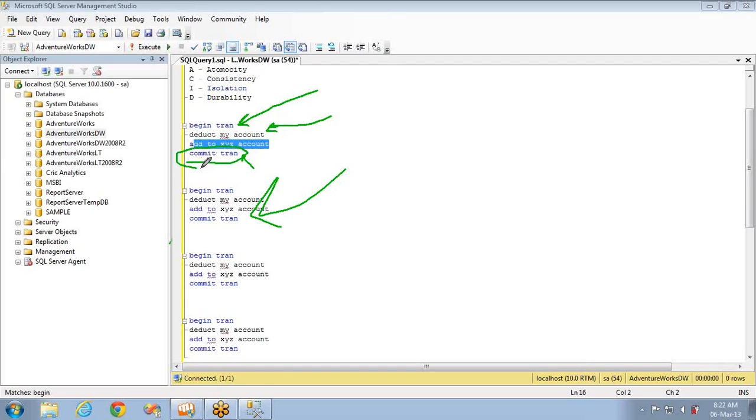So when a transaction is in process, other transactions will not be able to see the changes being made by it. So we call it isolated. Every transaction should be isolated while it is in process. This property we call the isolation property in transactions.